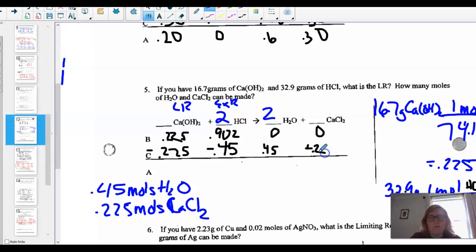Now you just do the math. 0.902 minus 0.45, because of sig figs, is 0.45 in excess. So this will be 0.45, and this will be 0.225.